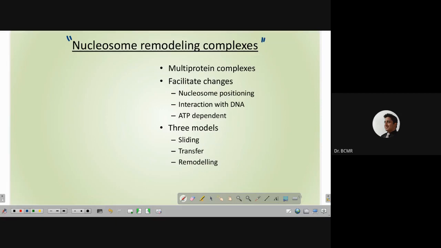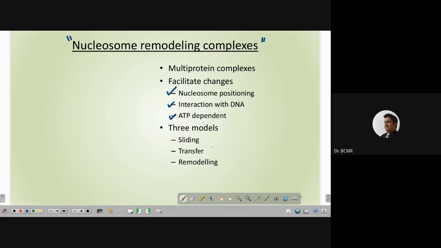They consist of multiple proteins. They form one complex, and then they can change a lot of things, which we will see in the next slide. But first, they can change the nucleosome position and interactions, and they can interact with DNA, and they require ATP to facilitate the remodeling process itself.